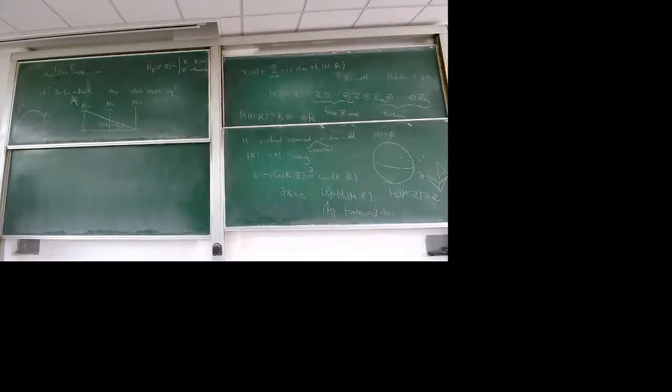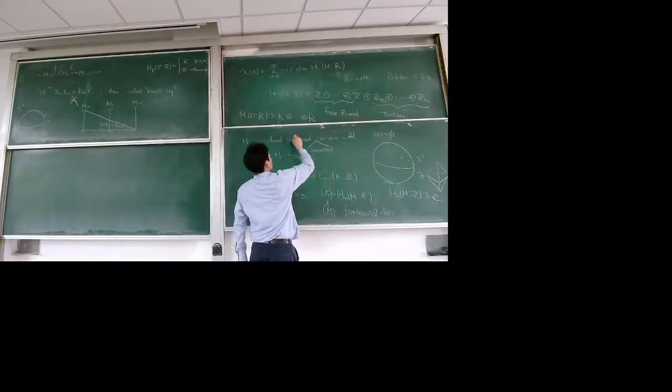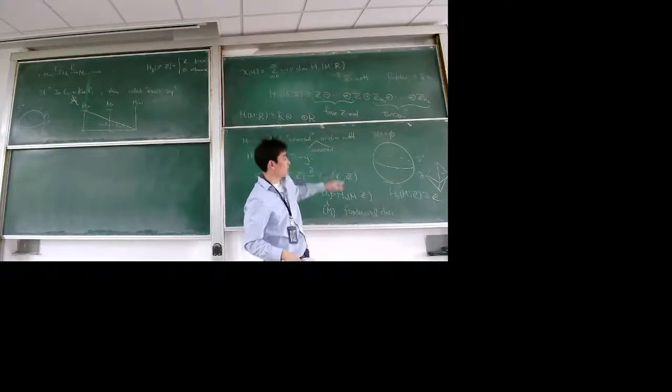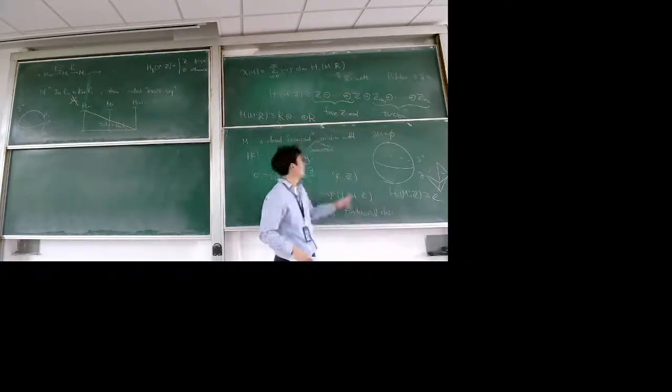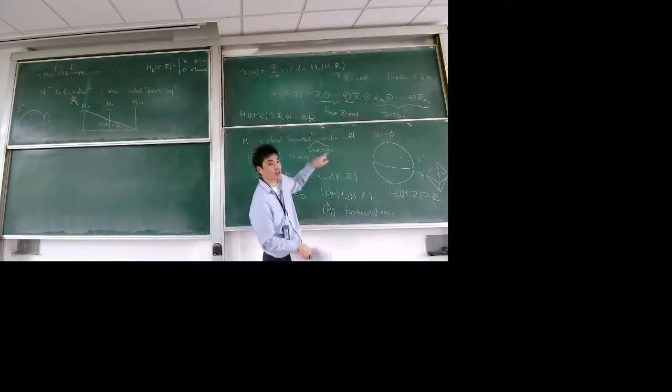That can be shown by a covering map. So this condition is important. If it is oriented or unoriented, it will show up in the top form if you add the condition that it is closed and connected.